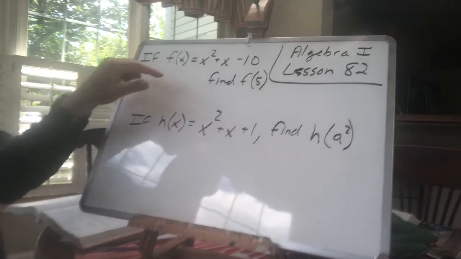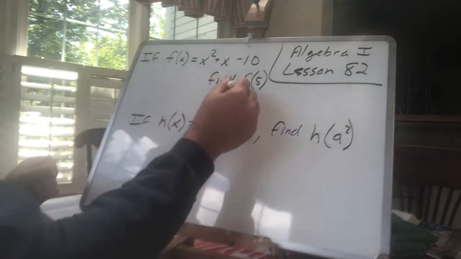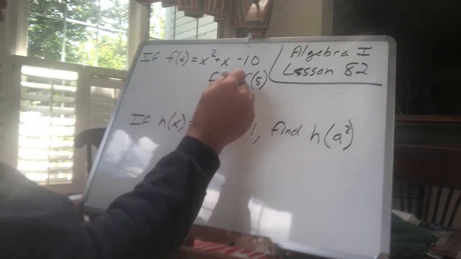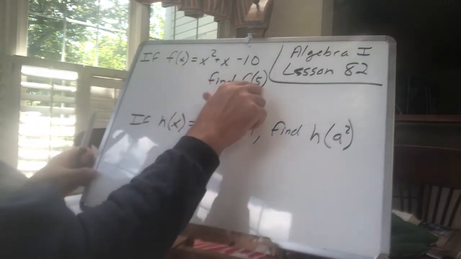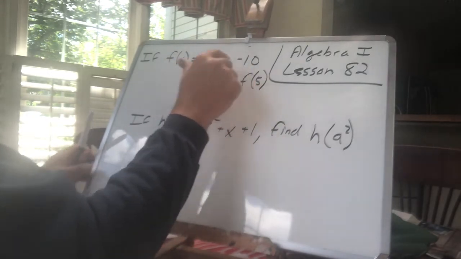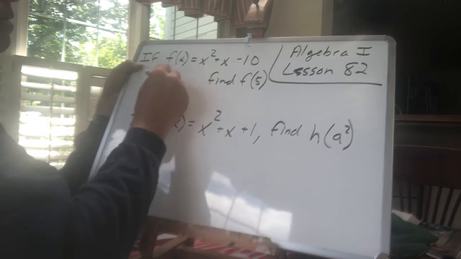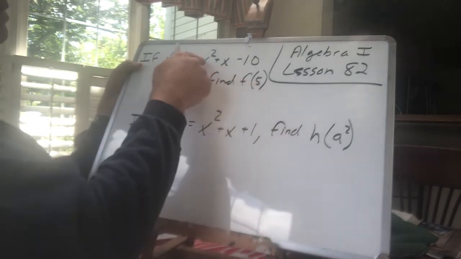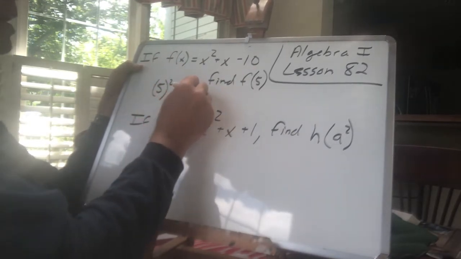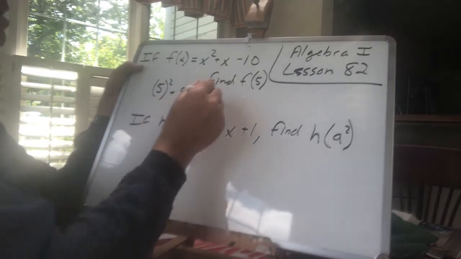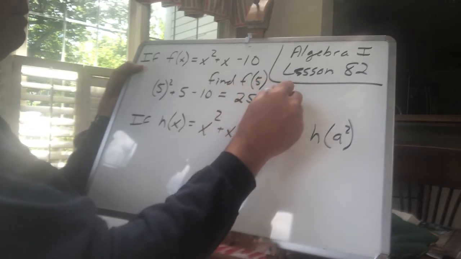It says if f(x), which is the function of x, is this equation right here, find out what it's going to equal if x equals 5. So what we do is we take 5 and we replace it with every x that we see. So this is going to become 5 squared, we just replace the x, plus 5 minus 10. 5 squared is 25, plus 5 minus 10.